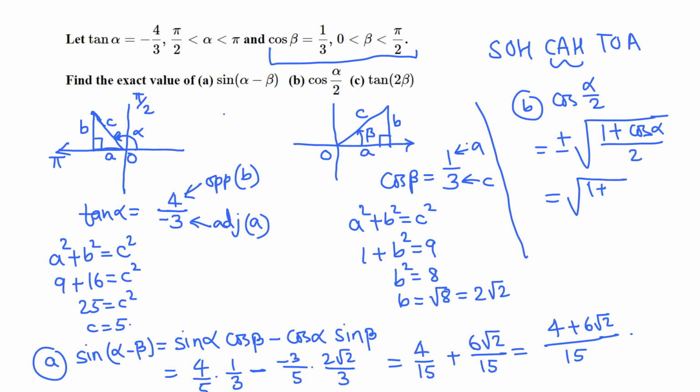1 plus cosine alpha, that is A over C. A is negative 3 over 5. Negative 3 over 5, all over 2. This is pretty much 1 minus 3 over 5. And we know 1 is 5 over 5, so that's 2 over 5. So this is 2 over 5 divided by 2.